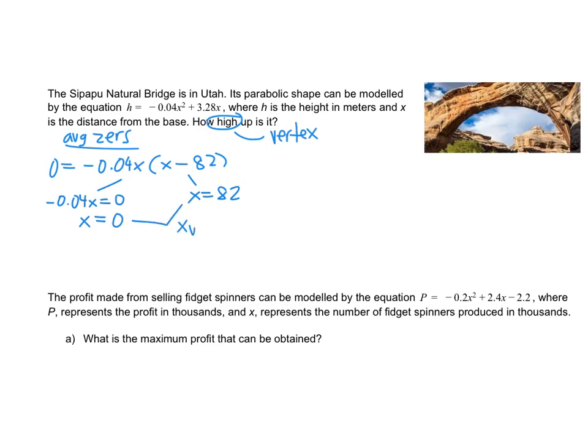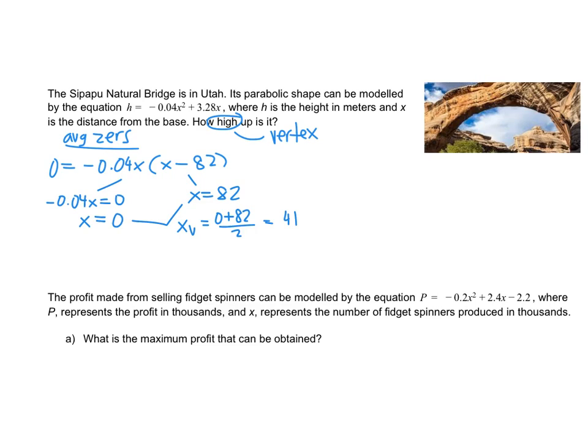When I average them, I add 0 and 82 and divide by 2, I get 41. So the vertex occurs when x equals 41, so at a horizontal distance of 41 meters.